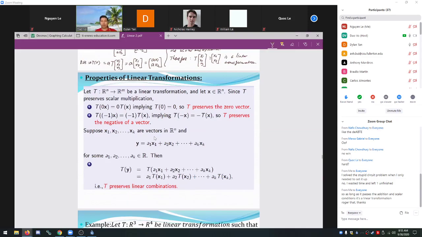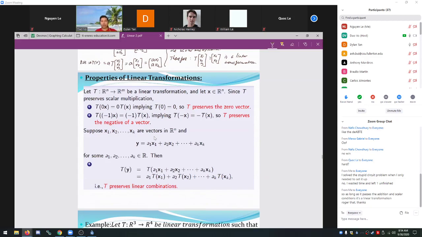So we can use this as a contradiction for some transformation, whether it's a linear transformation or not. It also preserves the negative of a vector. So T of negative x will be negative of T sub x, because it preserves scalar multiplication. Therefore, we have that.